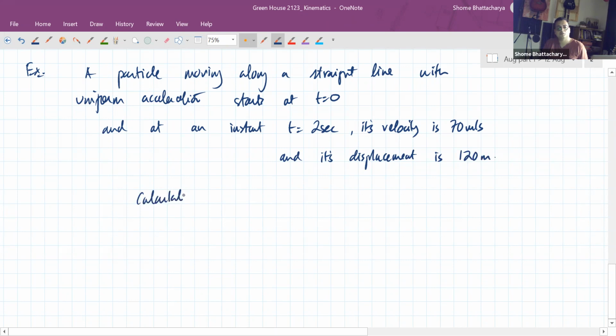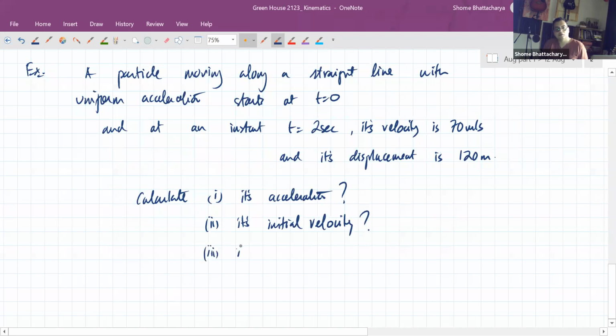Calculate its acceleration, its initial velocity, and its velocity at an instant when its displacement is equal to 280 meters.